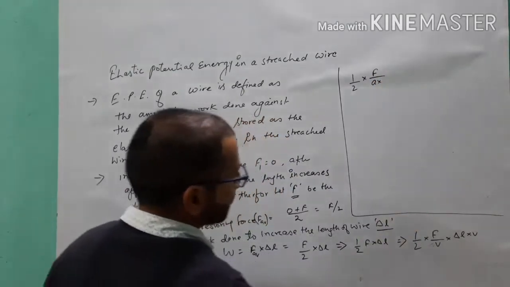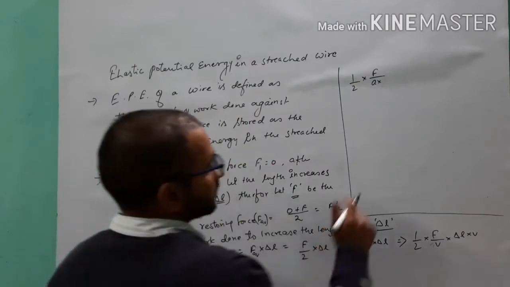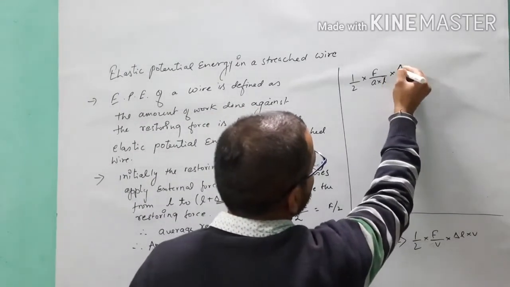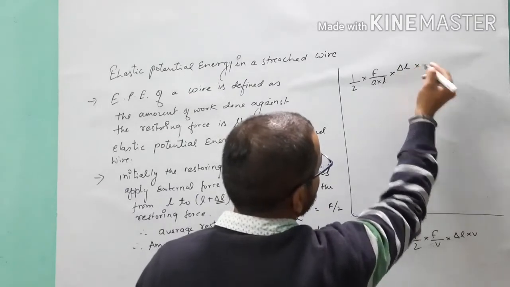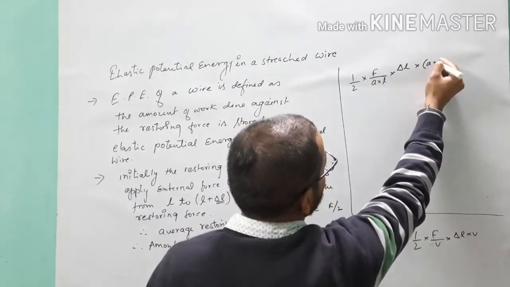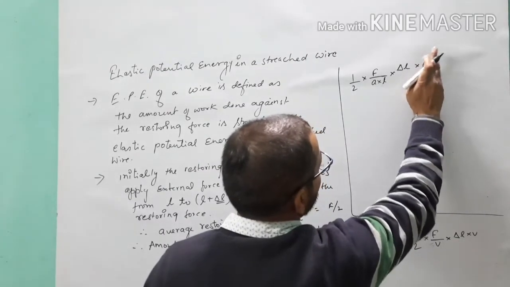The volume of the wire, supposed to be a cylinder, is A into L, so we can write either A into L or V if you want.